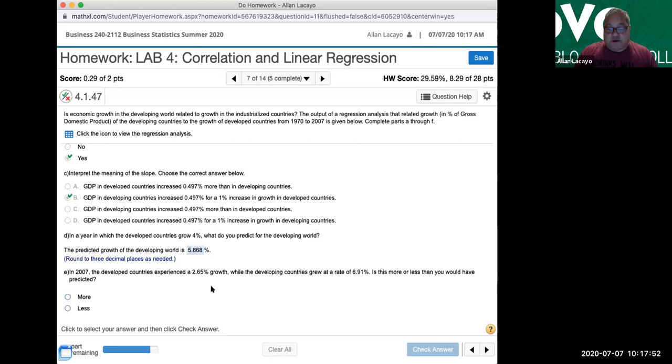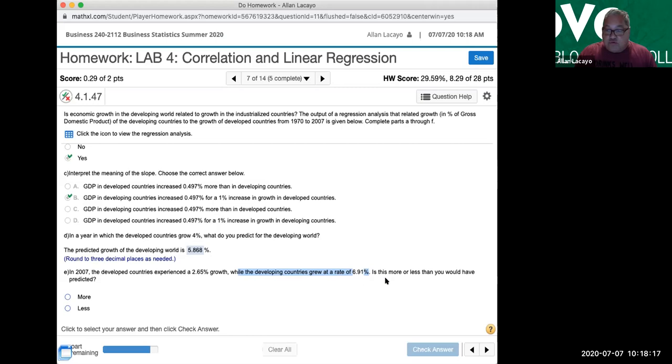Be careful with this next part. In part E, it says, in 2007, the developed countries experienced a growth rate of 2.65. So that is the x value that you have to use in part E. While developing economies grew at 6.91%.